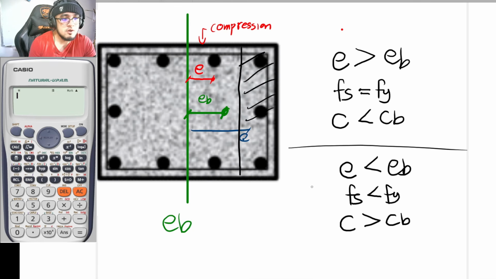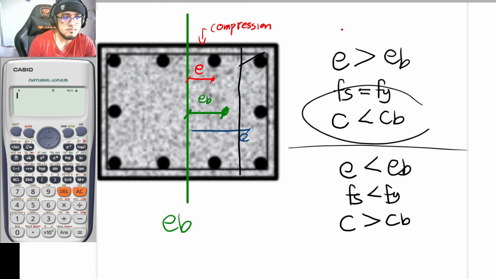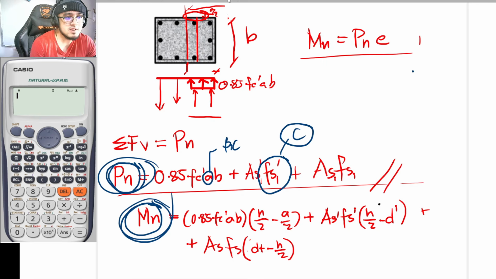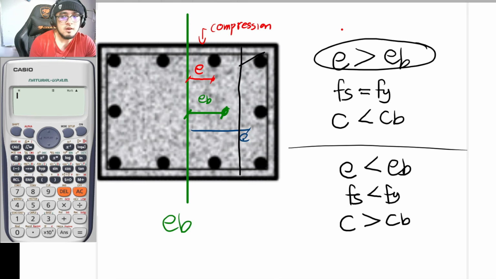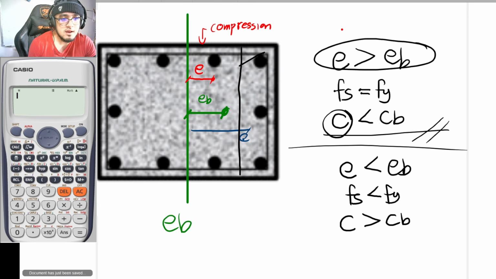Okay, so what is the importance of us solving for this? If you can remember guys, for us to solve for Mn and Pn, we must have some assumptions. If this is the case in your problem, your c should be less than cb. This is just the basis on what c you would be assuming. You must assume a c less than cb if your e is greater than eb.